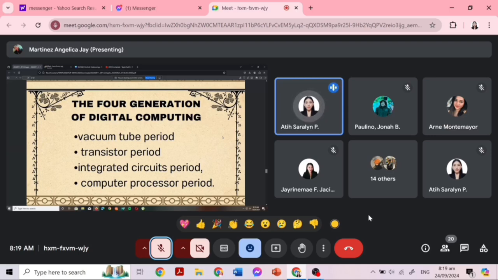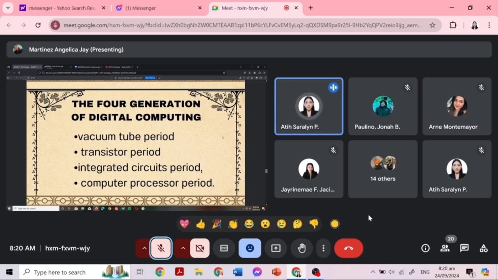The last one is processor period. A computer processor period is the amount of time it takes to complete one cycle of its internal clock. The clock is like a metronome for the processor, ticking at regular intervals.